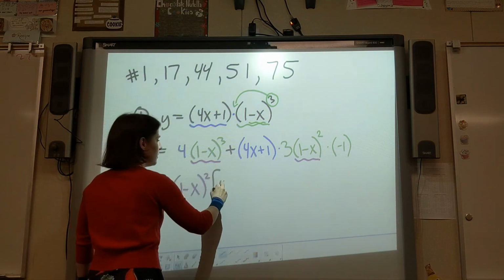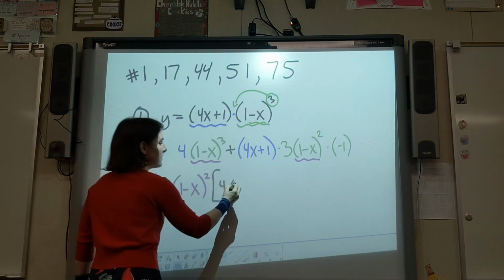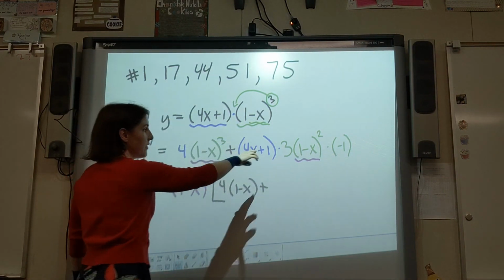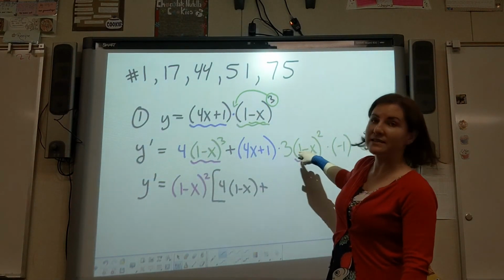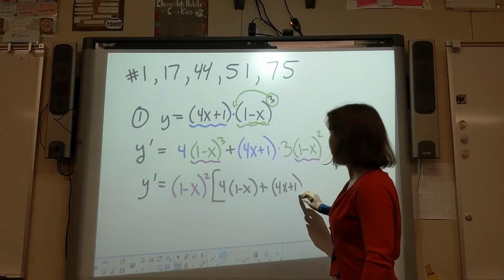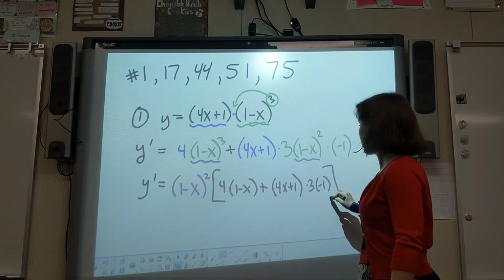We're left with a 4 and another 1 minus x, because this was cubed. If you factor out the squared, there's another left over. Okay, and then we have a plus. Over here, this is factored out, the (1 minus x) squared, but we still have a 4x plus 1. We still have a times 3 and a times -1. So that's what's happening there.